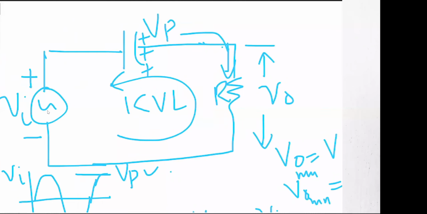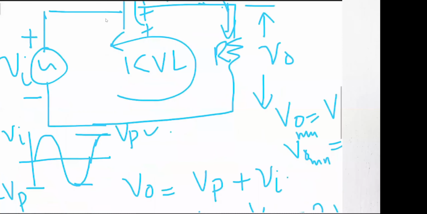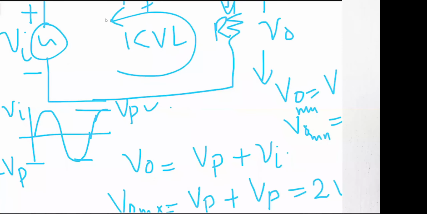Sir, won't this be the drop? How will it drop, ji? Across the resistor. If you apply KVL, you will see that V naught should be equal to the equation which I have shown you: V naught should be equal to VP plus VI. Are you with me? Yes sir, now I get it.